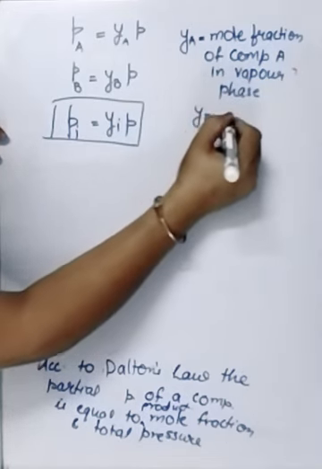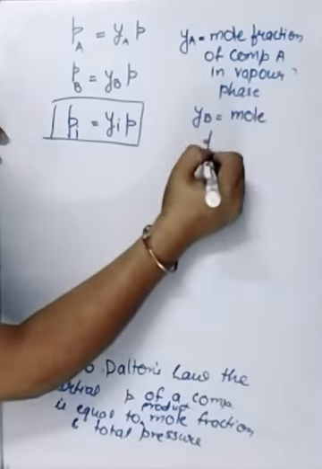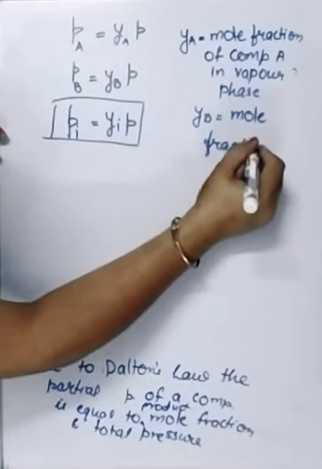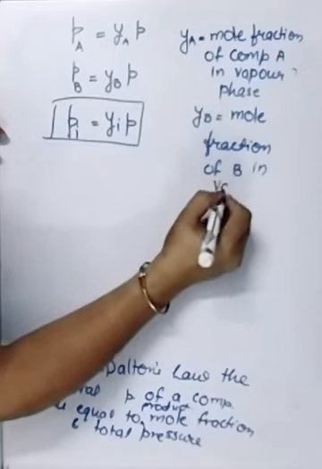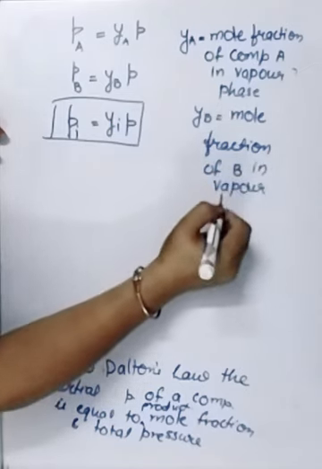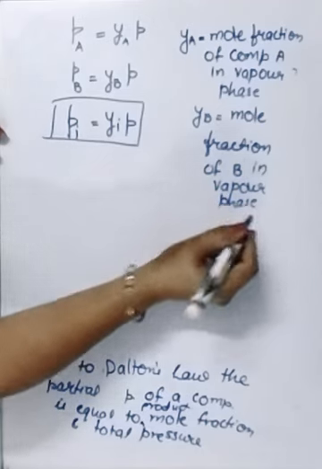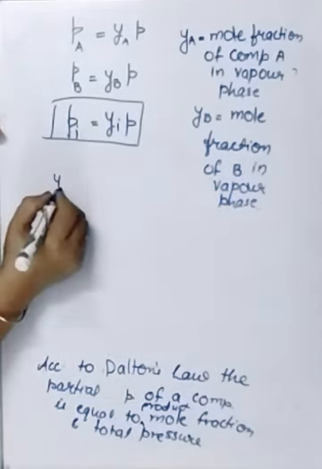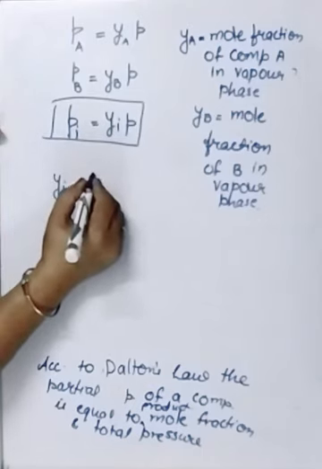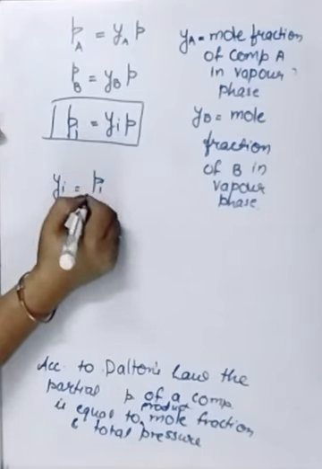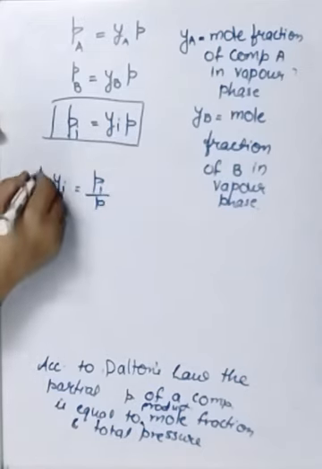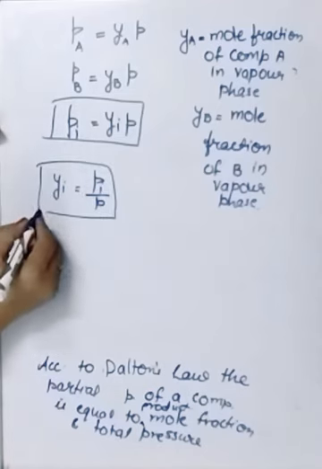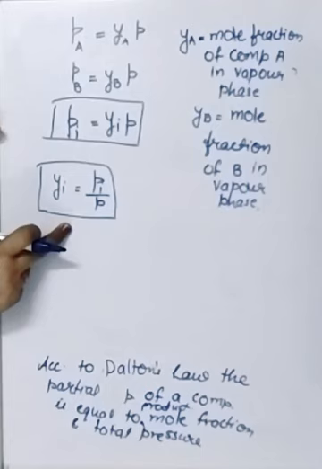Similarly, YB is the mole fraction of the solute, that is component B, in vapor phase. So Yi, the mole fraction of a component, is equal to Pi upon P, that means partial pressure of the component upon total pressure. This is useful when we are going to do numericals on this basis.